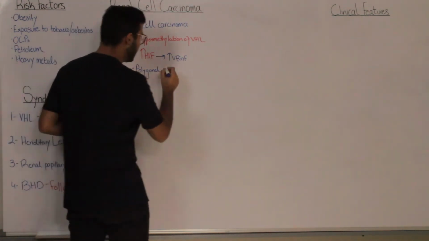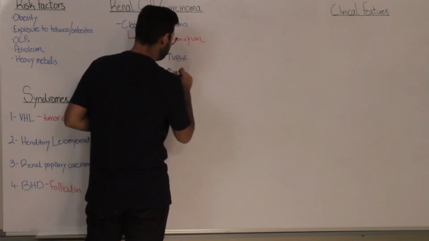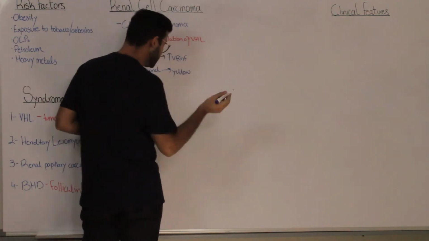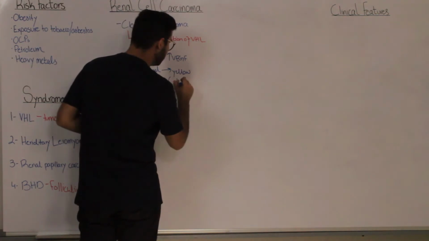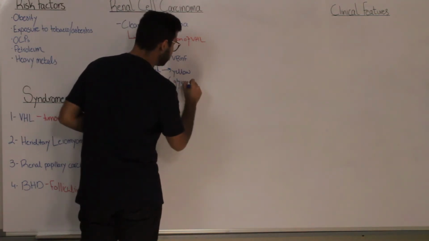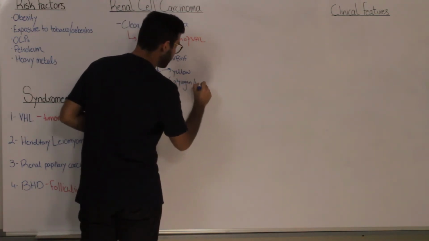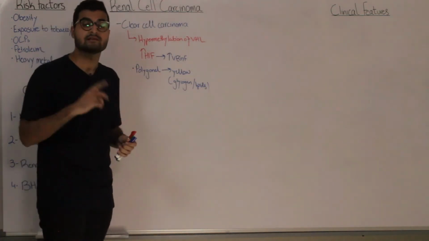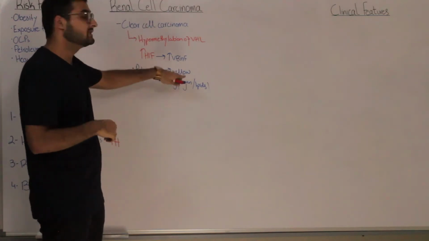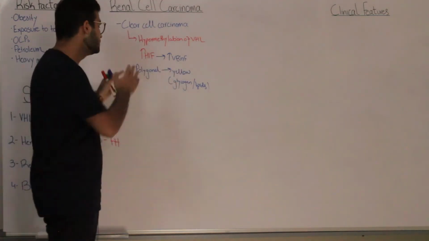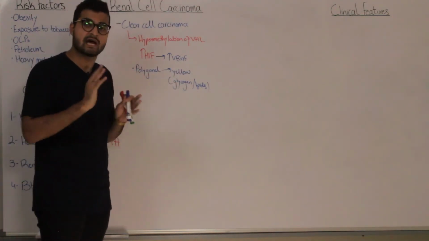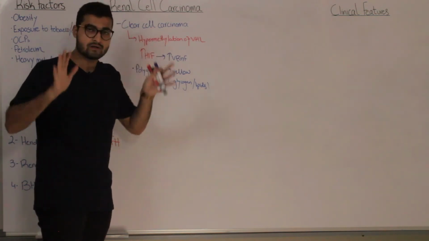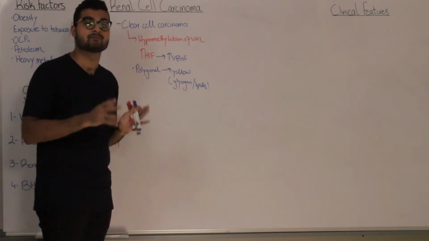The reason they are yellow is that they are filled with glycogen and lipids. You might also see hemorrhage and necrosis. All of these things are going to be present inside the morphology.